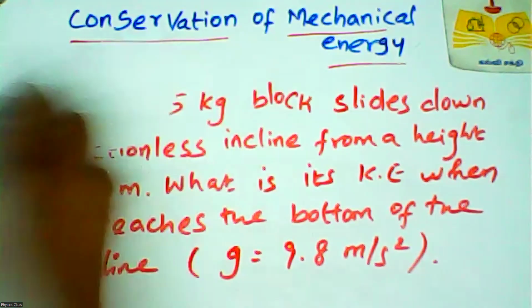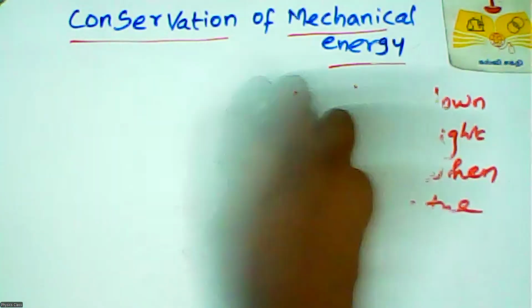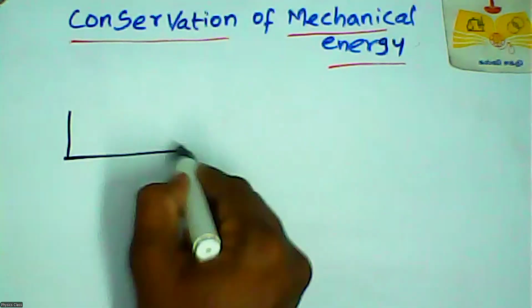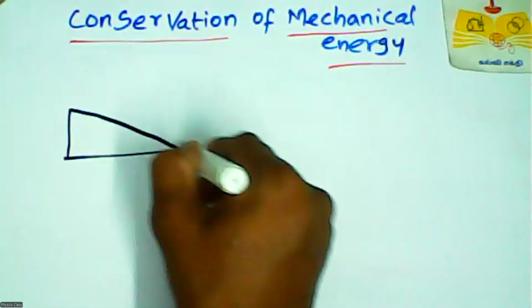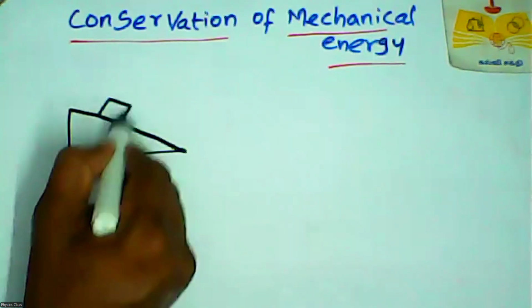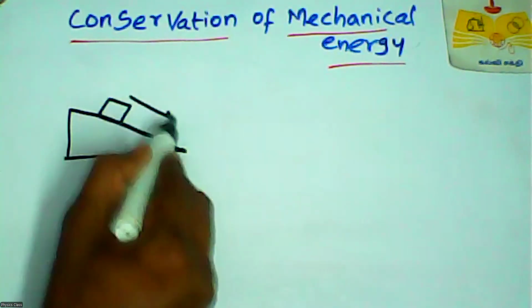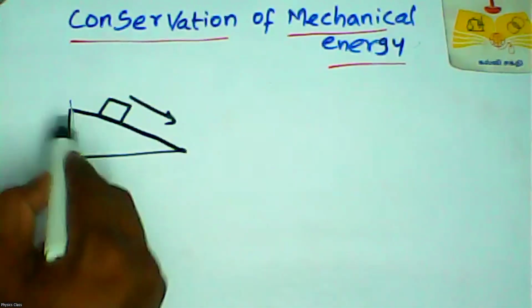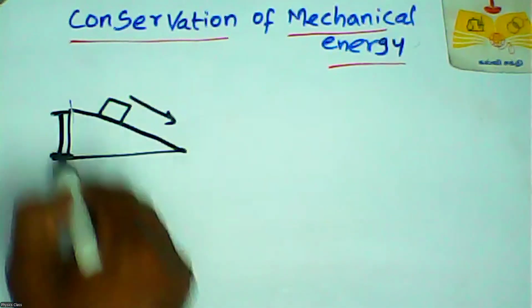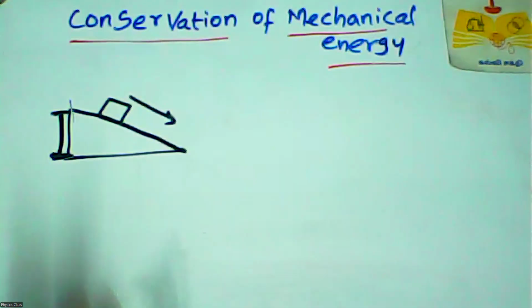I will draw a simple diagram related to this problem. For example, this is horizontal, this is the inclined surface, and this is the frictionless surface. Here is one block, which slides down. This is the height of that position from the ground level.